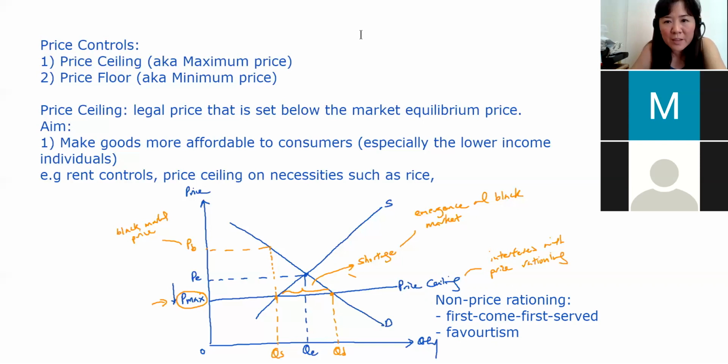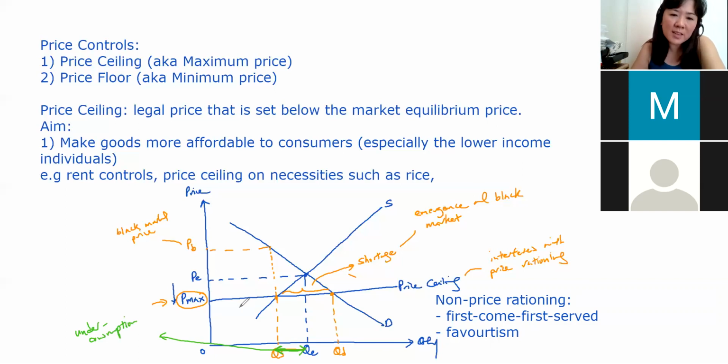As you have seen, the quantity transacted has fallen from QE to QS. So this is the fall in consumption, or under-consumption, that arises from this price ceiling.